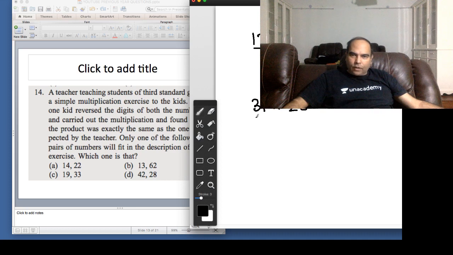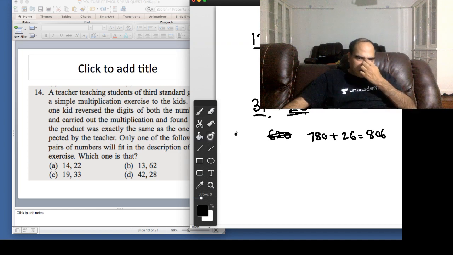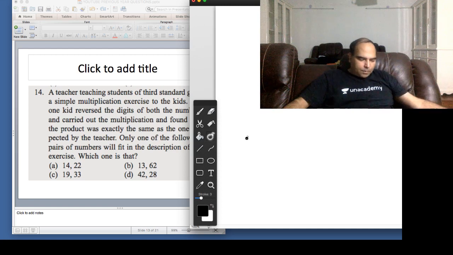And 31 into 26, you can do 26 into 30, which is 780, plus 26 into 1, which is 26, and that's also 806. So both are coming out the same. 806 is equal to 806, and hence the correct answer is option B.